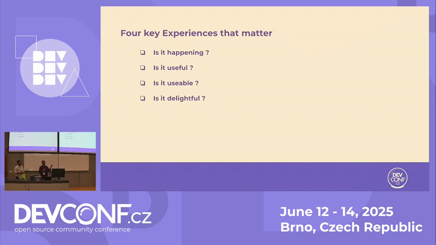Okay, we talked about performance and load and how different they are. This points us towards 4 key experiences that we should aim to solve or keep in mind. The first one is: is it happening? You just landed on your website, you're using the navbar, a form, a click event. Is it happening?